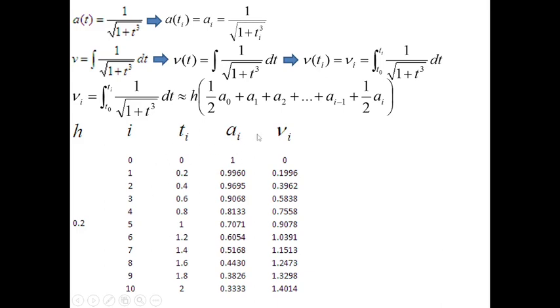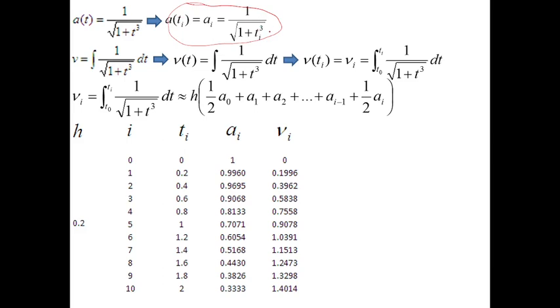So 0.2 seconds, a sub i, at time 0: 1 over the square root of 1 plus 0 cubed. We use this formula, no? We replace t sub i by 0.